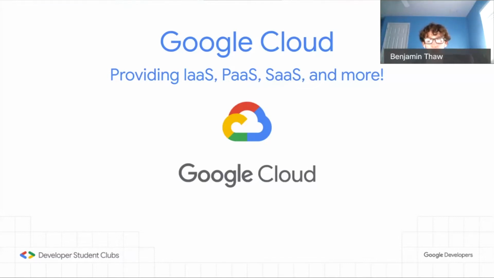Alternatively, you can use services like App Engine, where Google handles all the infrastructure and management of resources so you can just focus on the code. There are also serverless options, Cloud Functions and Cloud Run. You can run scripts that are triggered by users or different events on the GCP, and focus on the code rather than the implementation or the infrastructure.